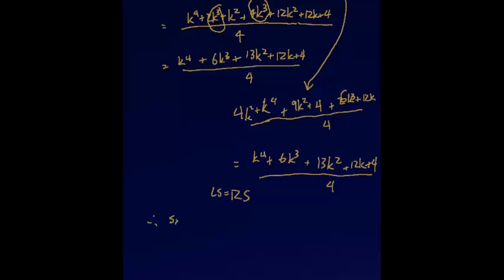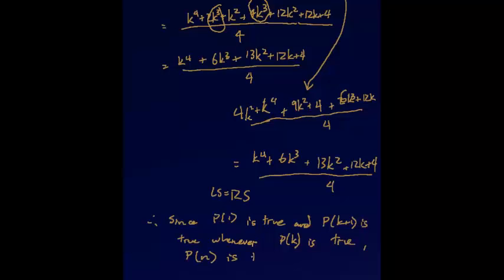Therefore, since we have shown that P(1) is true and P(k plus 1) is true, as we have shown because the left side equals right side, whenever P(k) is true, and we know that there does exist such a value where P(k) is true, which is when k is 1, then that means P(n), this formula, is true for all values of n that are positive integers.